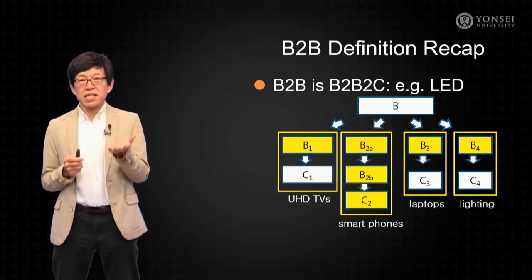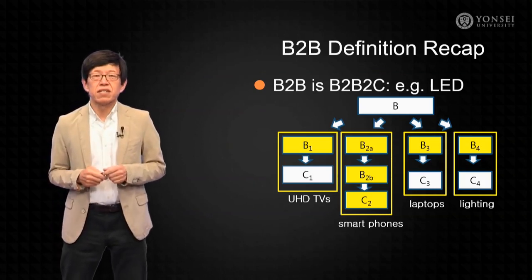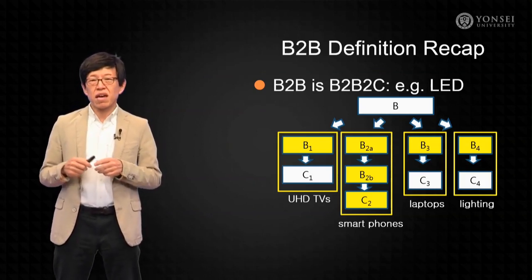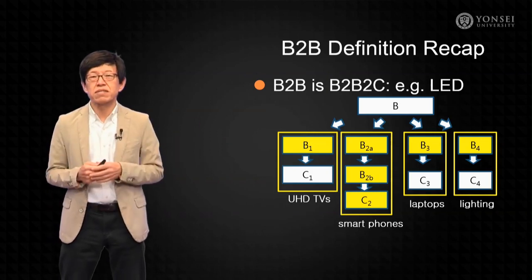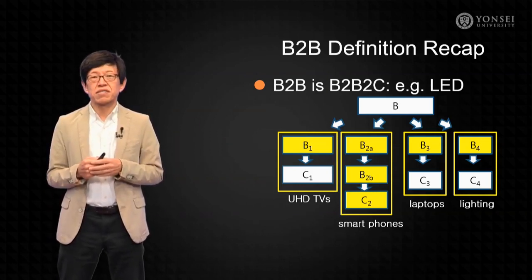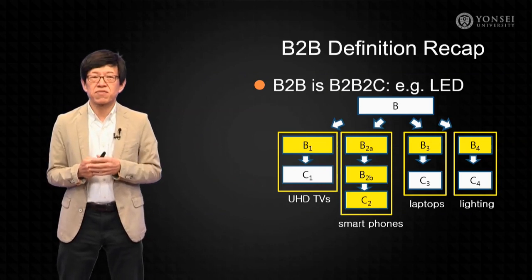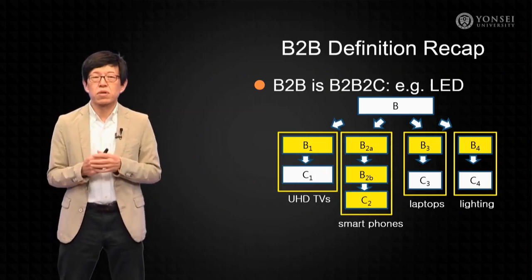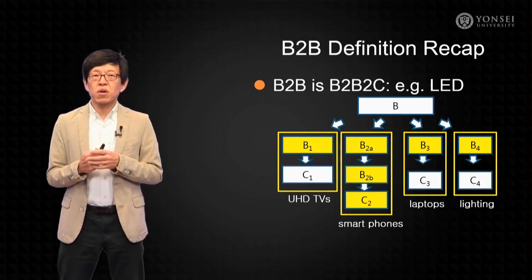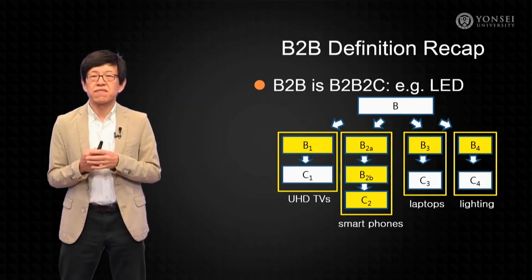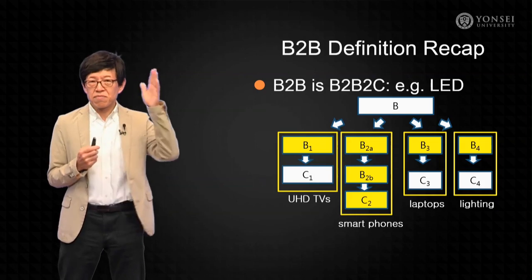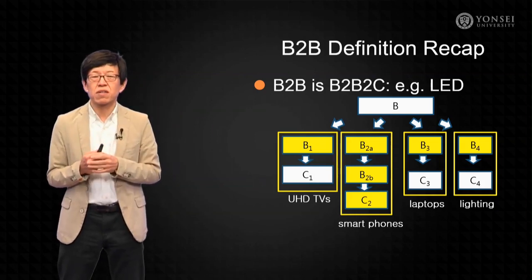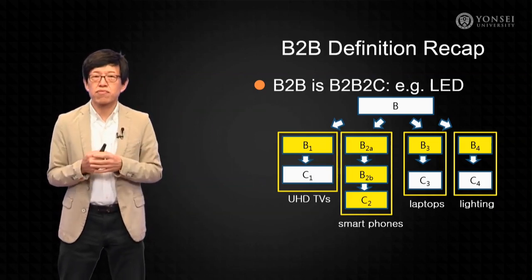As we can see in this example, LED is used in a variety of different industries, such as for UHD TVs, for smartphones, for laptops, and of course for lighting. And this is what we refer to as verticals. So there are many different verticals in terms of how we can use our product.